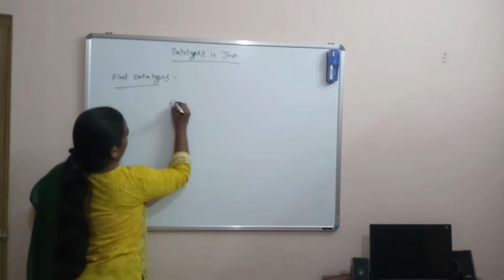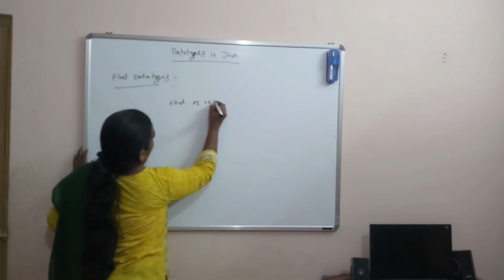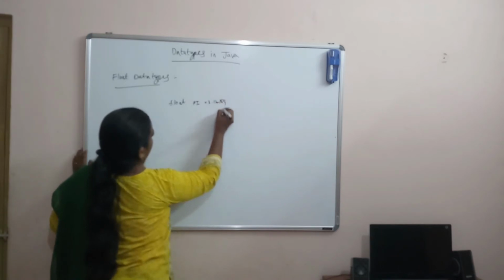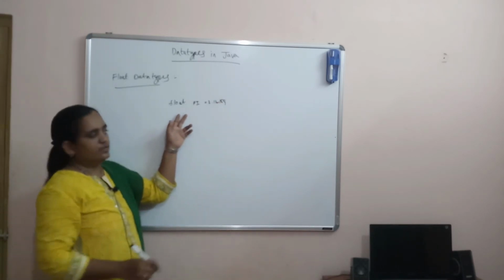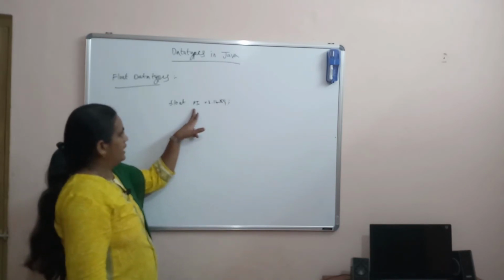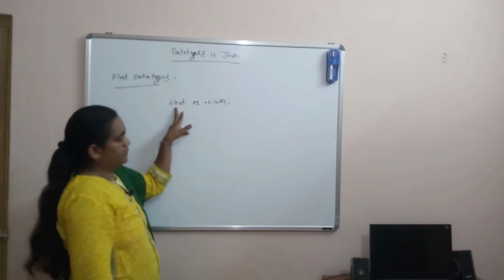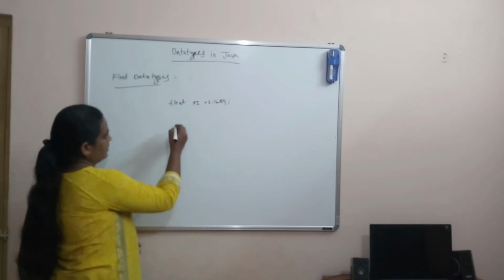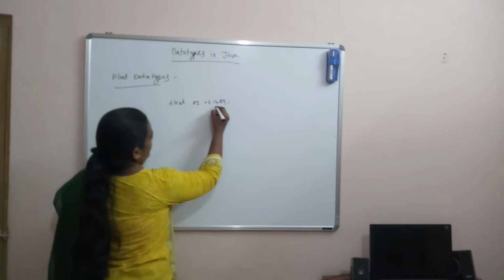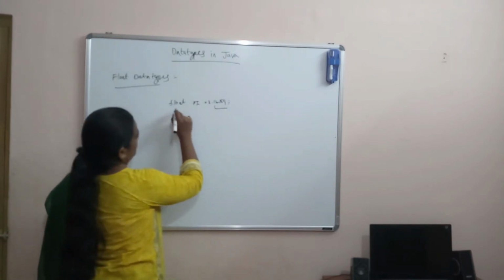Float pi equal to 3.14159. So that's why I need this variable pi as float. Here after the decimal point only 5 digits, so float is enough.